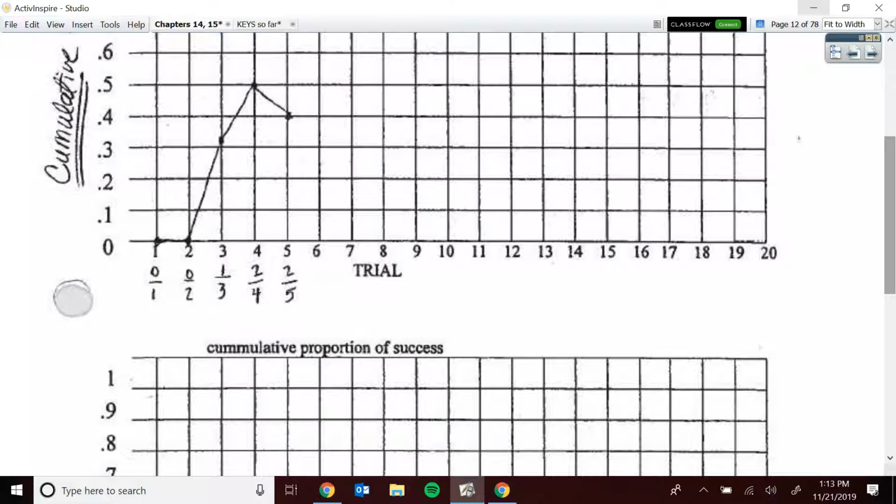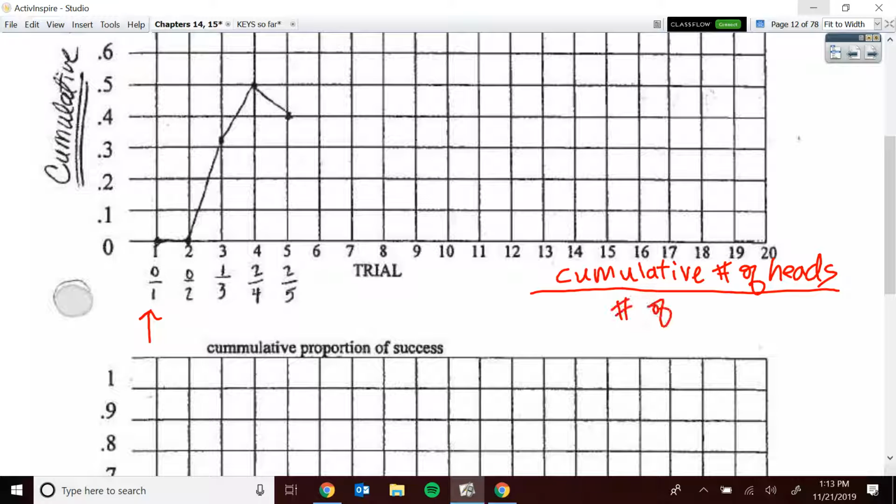So first of all, these fractions are going to be based on the cumulative number of heads over the number of trials that you have completed so far.